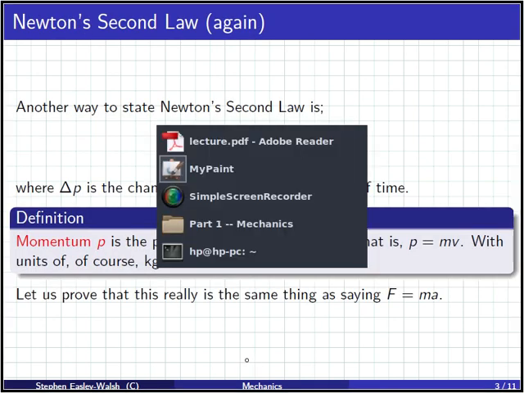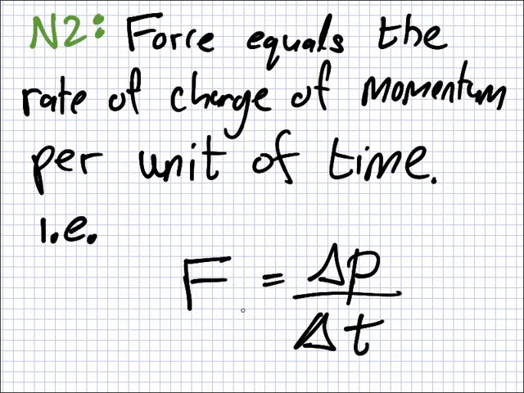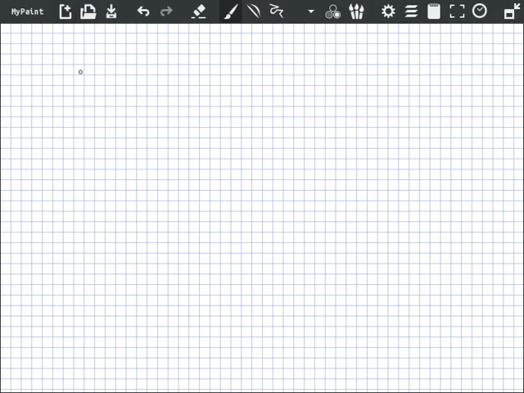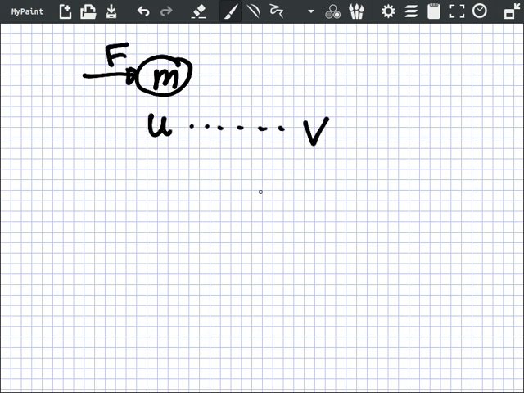So before we continue, I want to prove that this really is the same thing as F equals ma. Okay? So let's begin the proof. It's not too long, you can write this down. We'll have our mass, and there's some force being applied to it, and it starts at u and then accelerates to v.